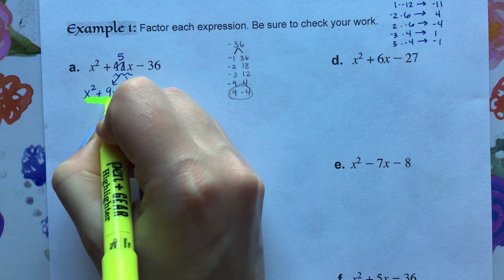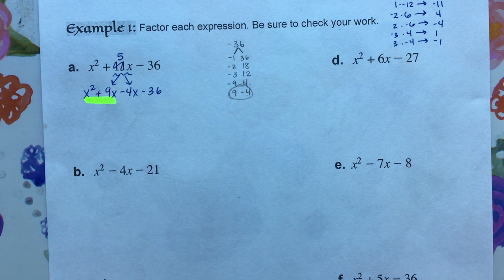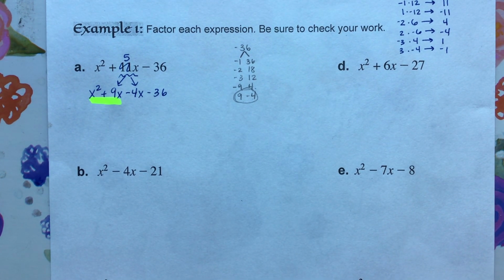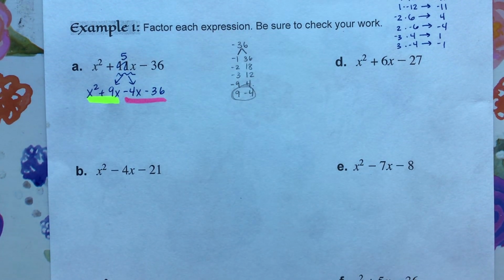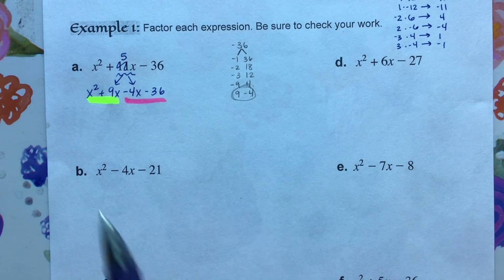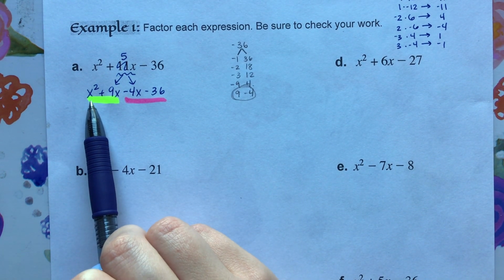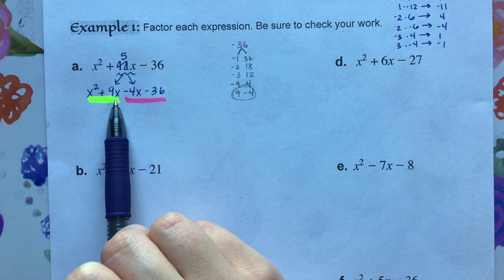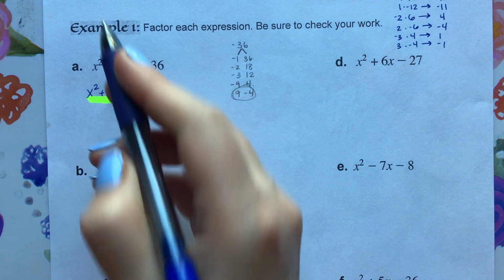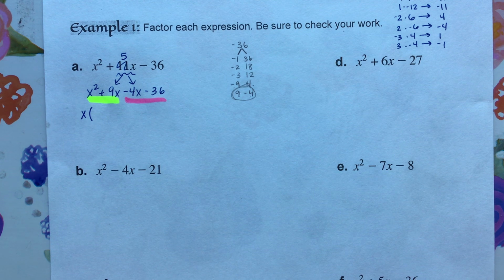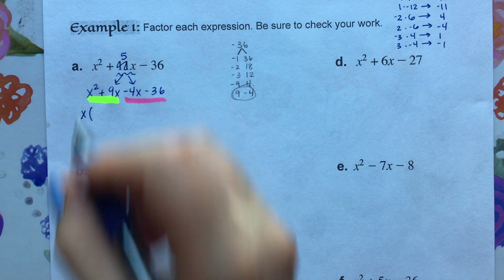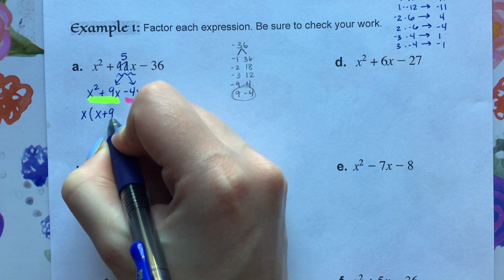The front half is x squared plus 9x, and the back half is negative 4x minus 36. Now look for the GCF in the first two terms. What's the largest thing I can factor out of x squared and 9x? The largest thing I can factor out is an x. And what do I have left over once I factor that x out? I'm going to have x plus 9 remaining.